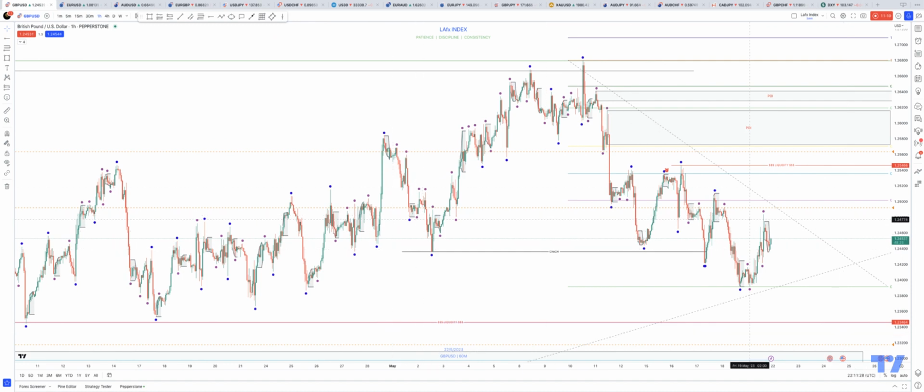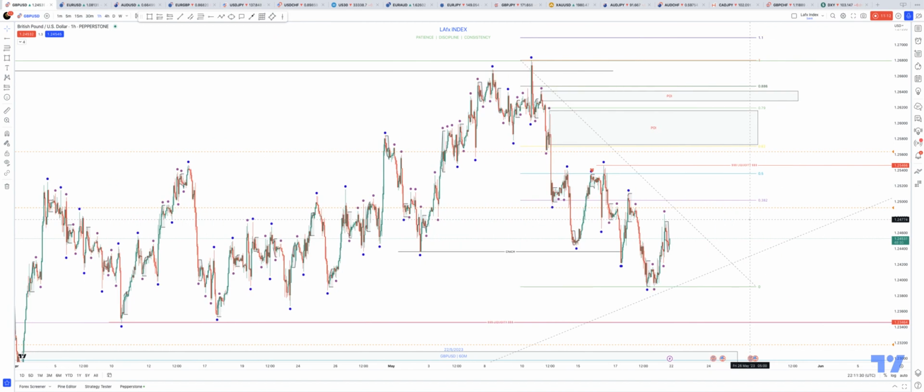Okay, so that's my bias for GU for this week. I'm gonna try and look for somewhere to buy into this area if possible. So I'm gonna leave it here. It's just an outlook on what to look out for.